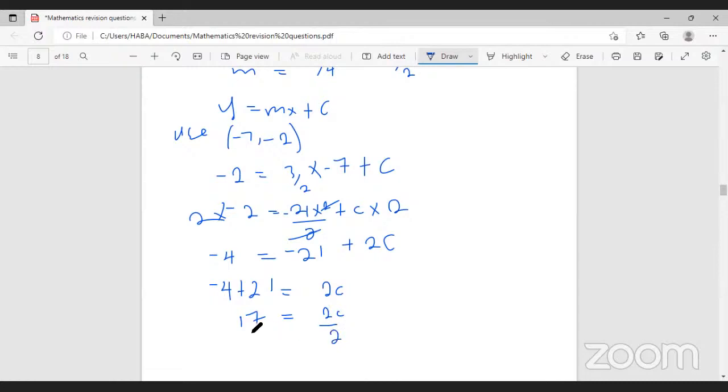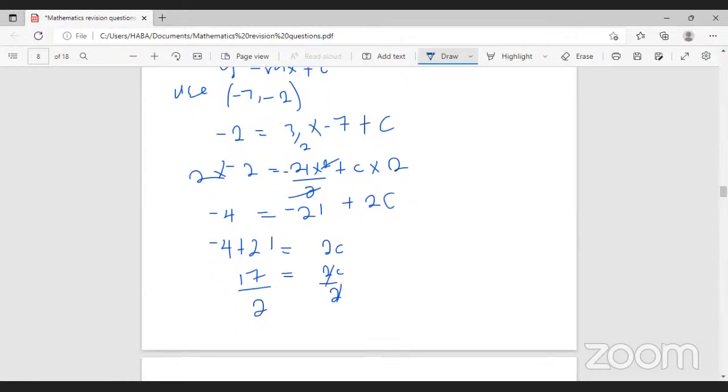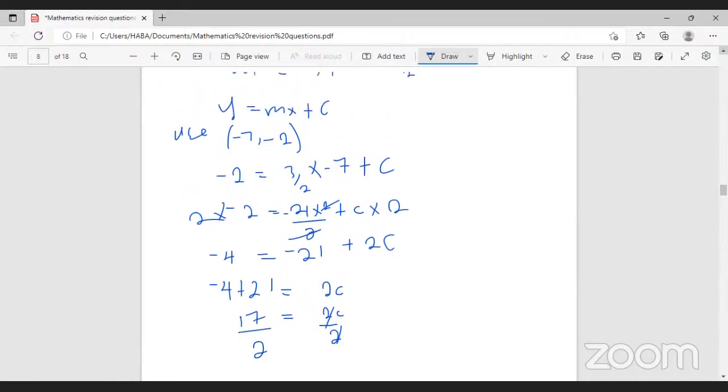Here we divide by 2 and here by 2, to get our c. Our c now becomes 17/2. I think we are almost done.